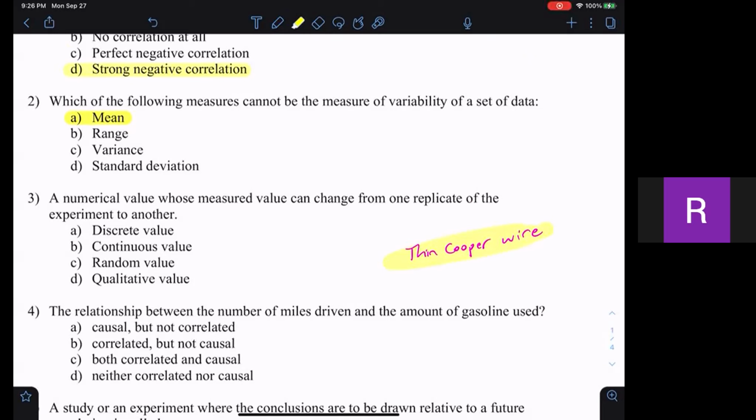That's what we call variability. We call it a random variable because every time we measure it, the value that we get is different.